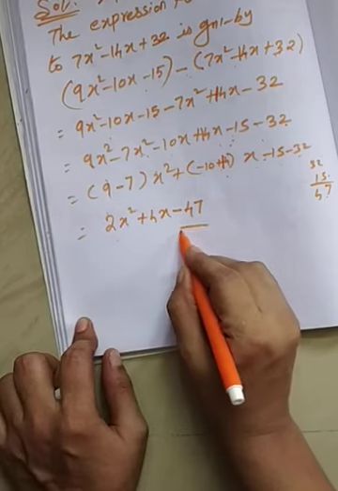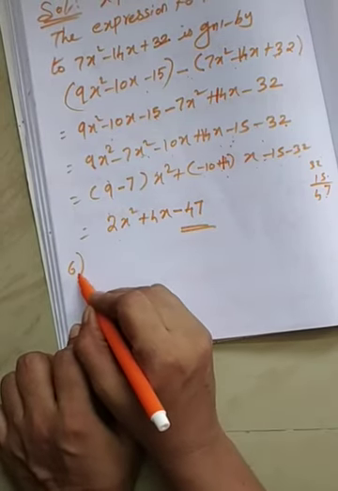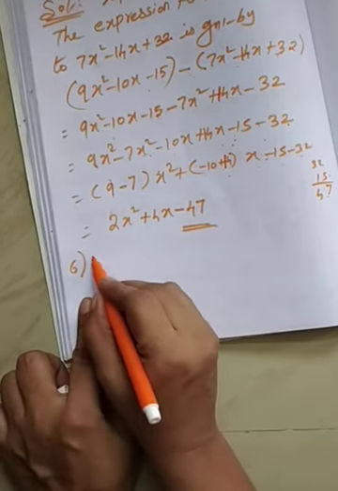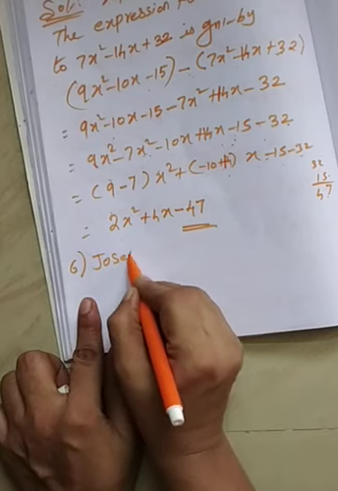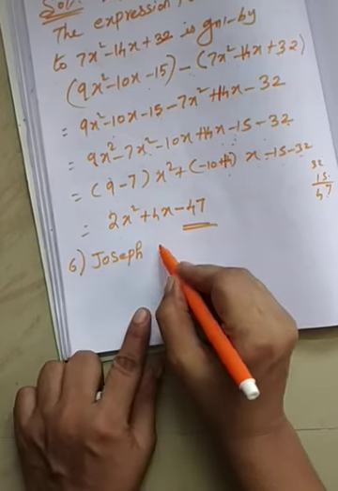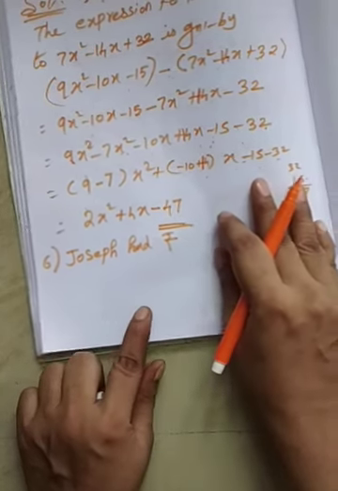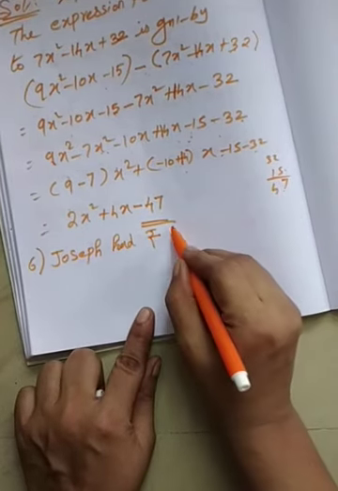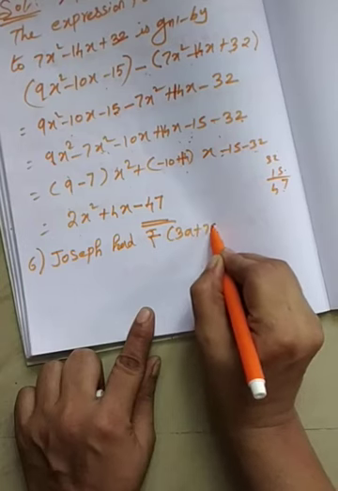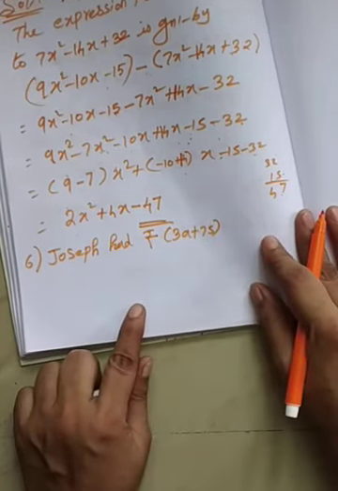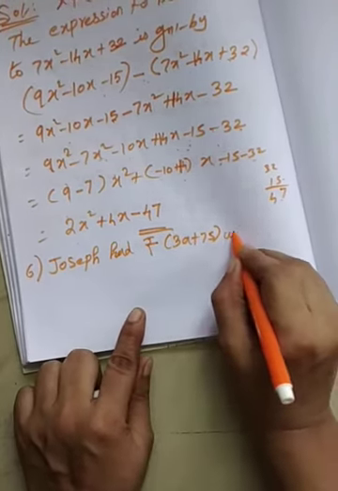Now see the next problem. Joseph had rupees 3a plus 75 with him.